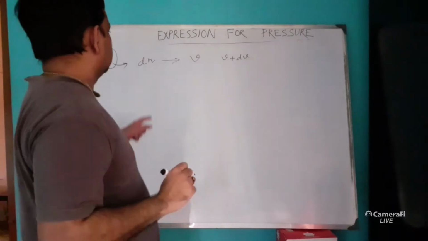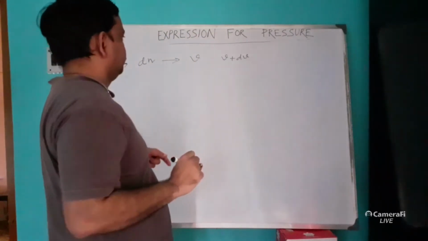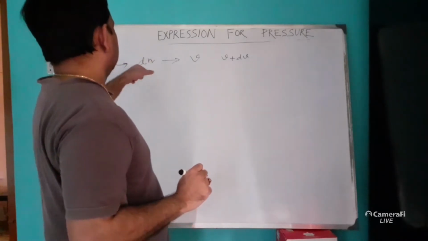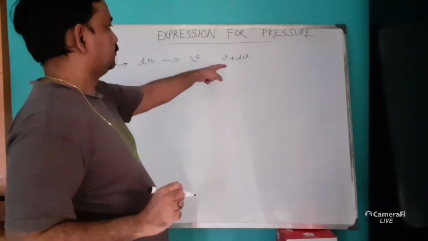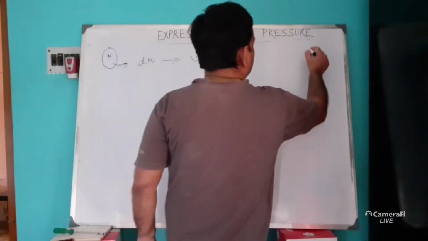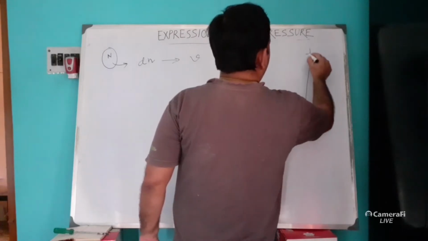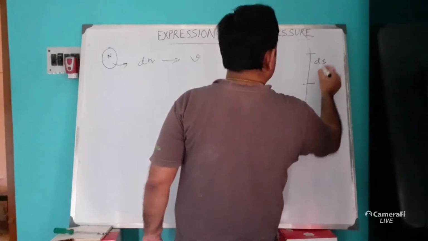Now let's suppose this elemental number of molecules which are having the velocity within the range of v and v plus dv are incident on a wall having an elemental surface area ds.